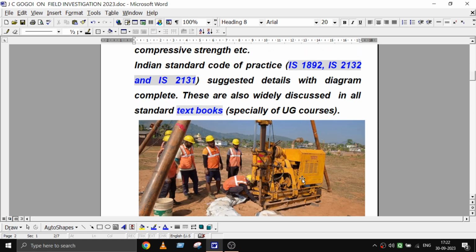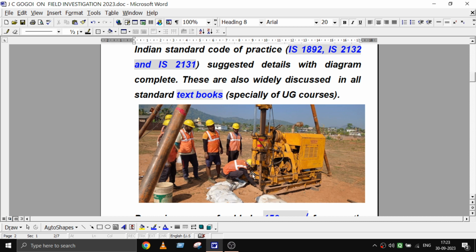You see, this arrangement is made for boring. It is a hydraulically operated drill machine. One bit is attached to the rod, and hydraulic pressure can be applied at a uniform rate of penetration, and rotation can be controlled at 50 rpm or 25 rpm.